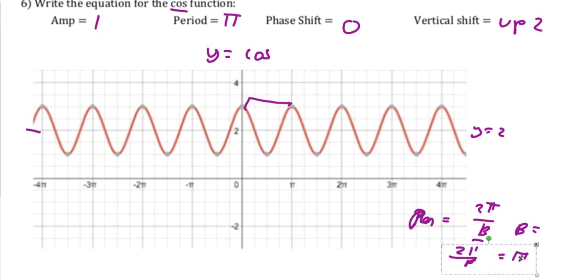Multiply by b, and you're going to have b is equal to 2. All right? So we're going to write this as just regular cosine of 2x. Put that in parentheses. All right? Plus 2. There we go. And that is it.